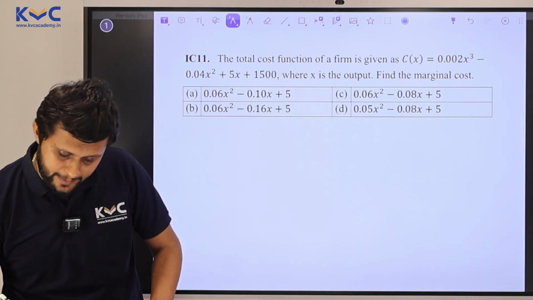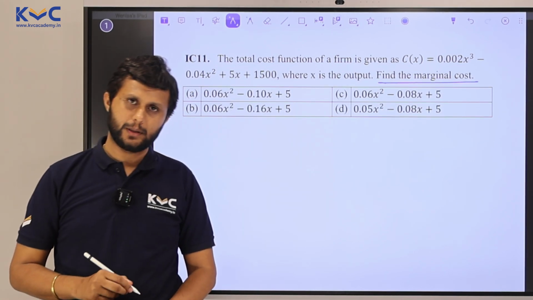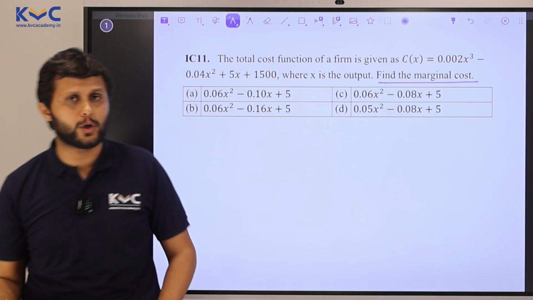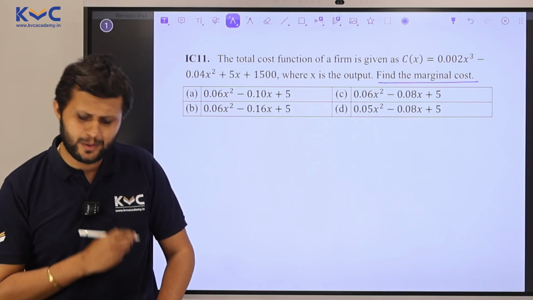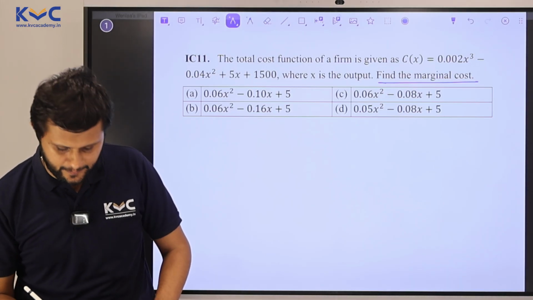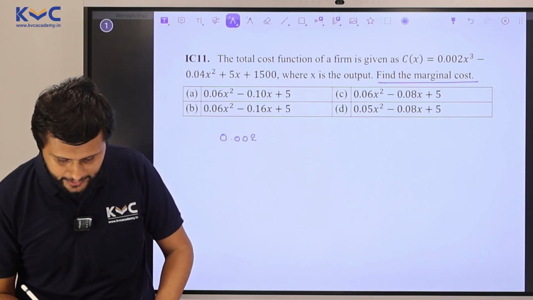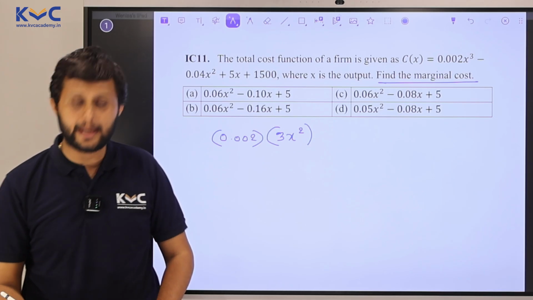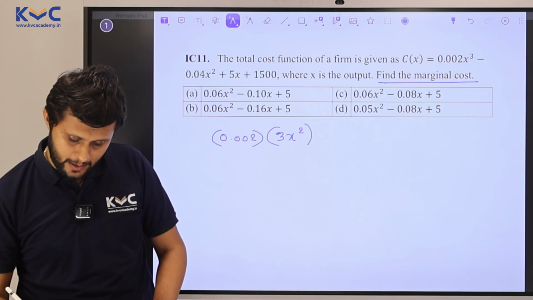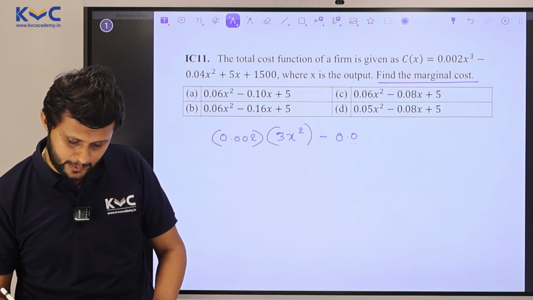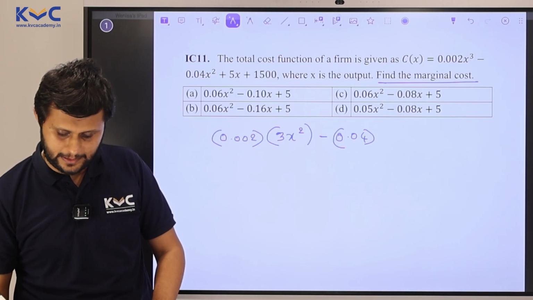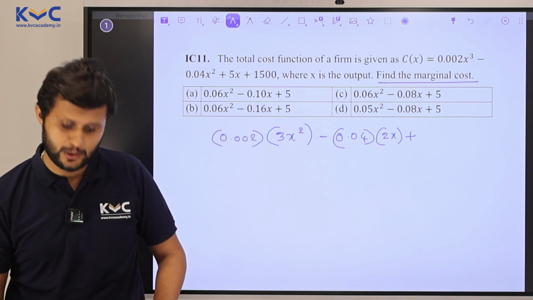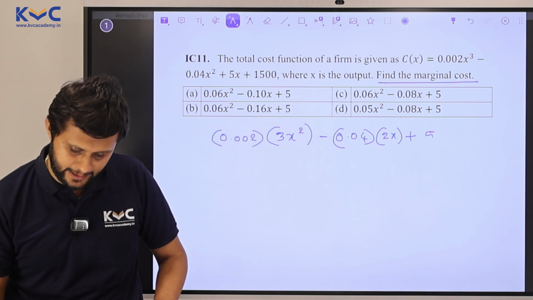Now this time find marginal cost. In the previous one we had to find marginal average cost. This problem asks for marginal cost, so we'll directly differentiate the cost function. 0.002 is the constant. Differentiate x cube: 3x square, minus 0.04 times differentiation of x square, which is 2x, plus differentiation of 5x, which is 5.